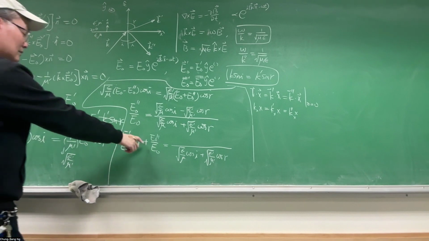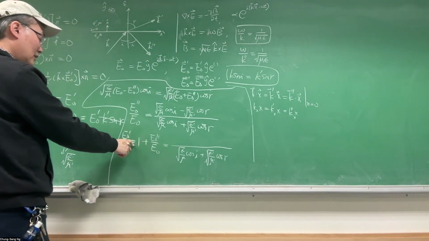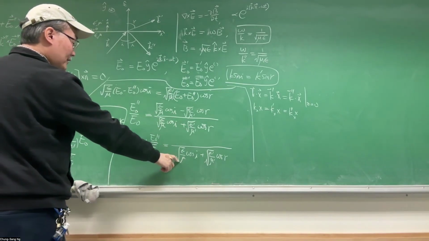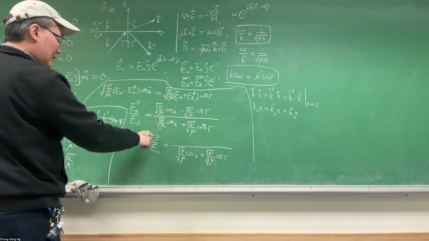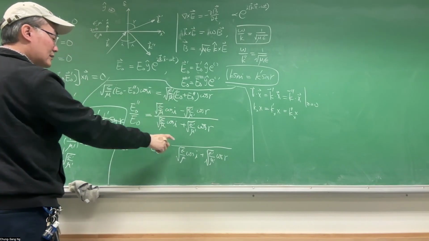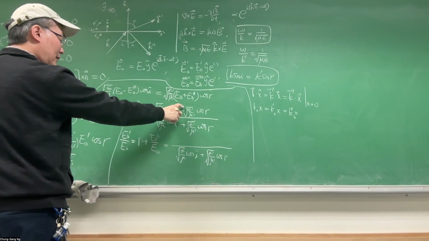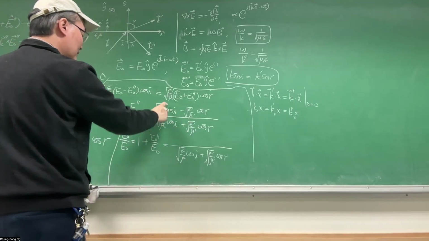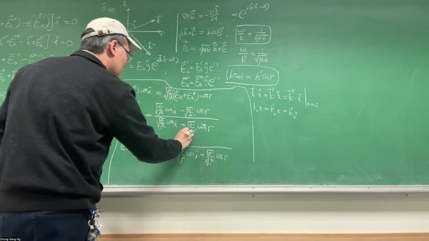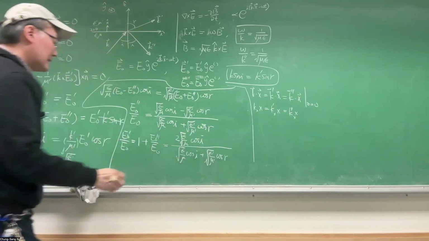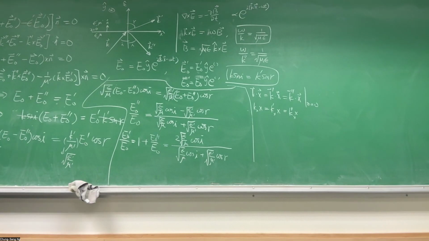Just basically a common denominator, and the numerator is this one plus this one. So basically cancel this one because one is plus sign, the other is minus sign, and two of the first two. That should be the final answer.